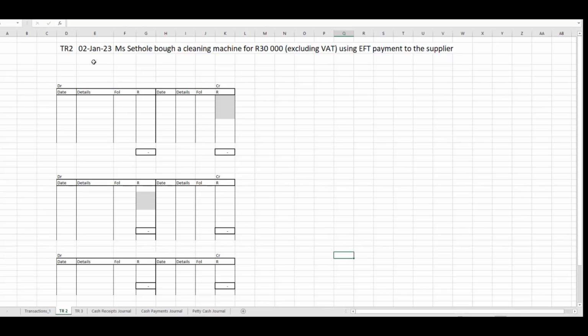there is a transaction which says on 2 January 2023, Ms. Tolle bought a cleaning machine for 30,000, excluding VAT, using EFT payments to the supplier. Two accounts are affected. One, we have bought a cleaning machine, meaning it's machinery, which is an asset account.